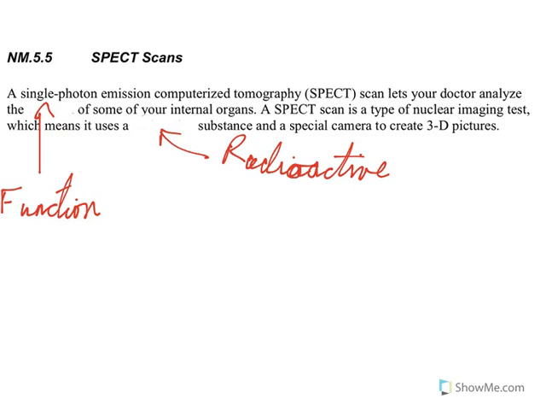All right. So with SPECT again, we get the function. So X-rays look at things like the structure, but SPECT scans look at the function.